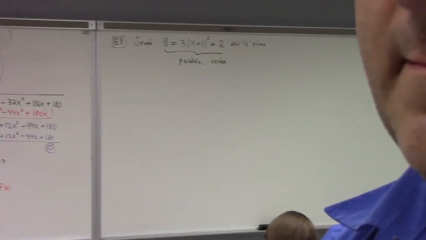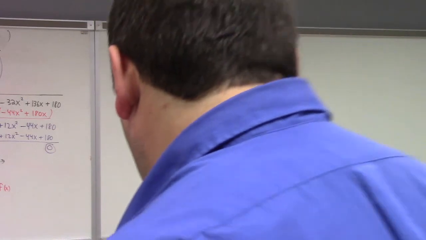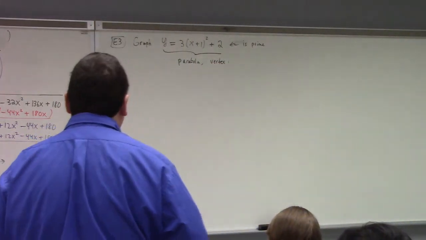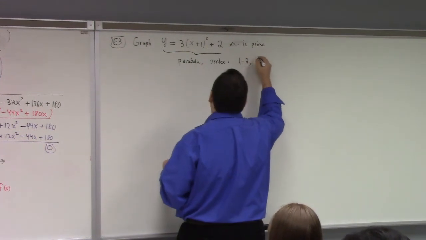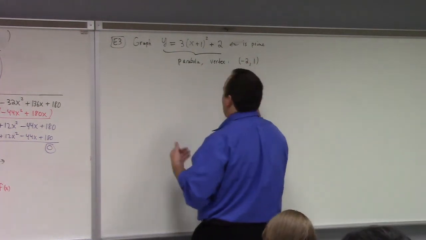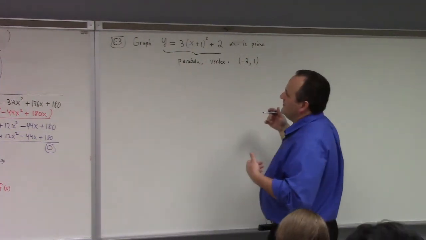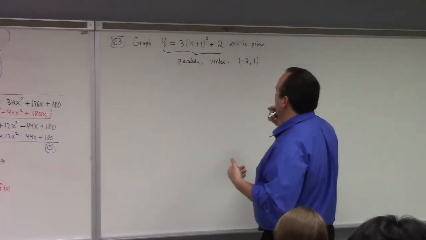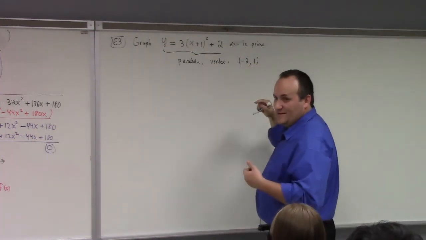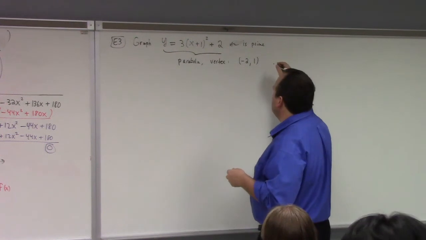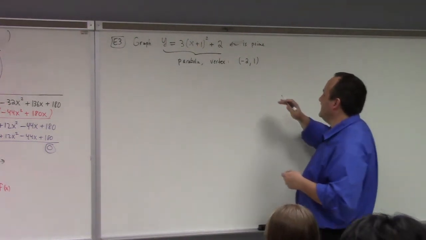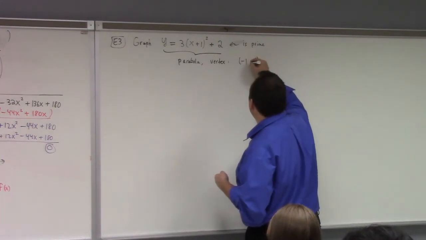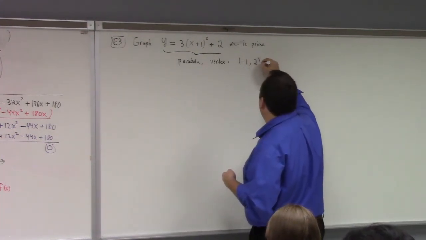You guys can do it. -1 and 2. -1 and 2 is the vertex, right? Very good. The alpha will be the h part of the vertex. The beta is more complicated. Oh, yeah, I did that, didn't I? Thank you. -1 and 2.